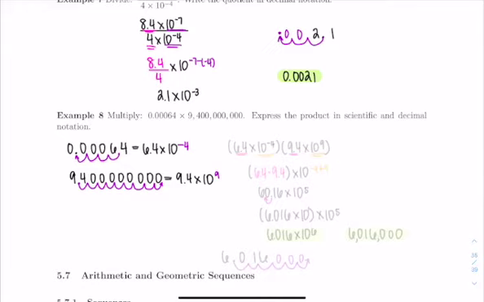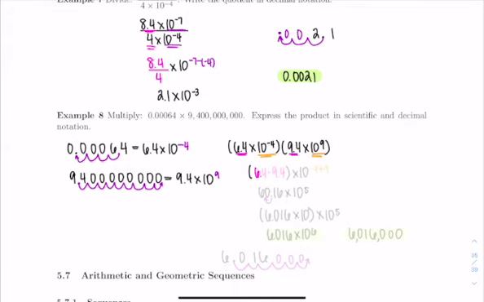So now what we're doing is we're multiplying two scientific notation numbers. We've got 6.4 times 10 to the negative 4, and we have 9.4 times 10 to the 9th. So just like in the previous problem, we're going to multiply the 6.4 and the 9.4 together, and we're going to use the addition with the exponents on the tens.